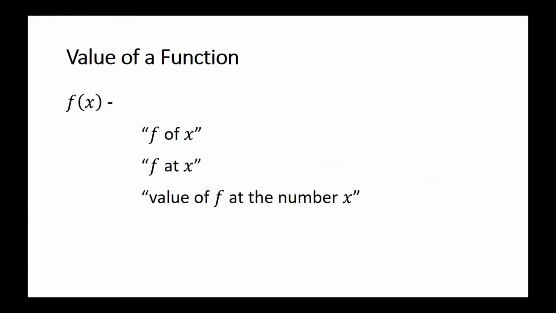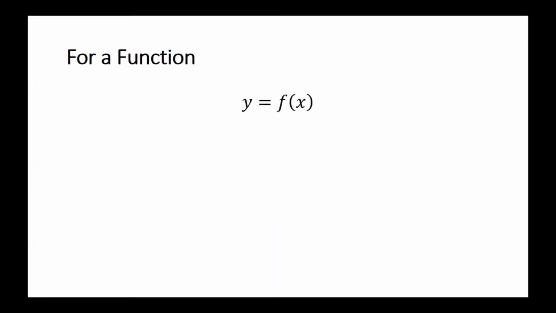Value of a function. When we're talking about functions, we tend to write them as the function f, and then in parentheses, the input of that function, in this case, x. And we read that as f of x, and that's how you will hear me say it a lot, f at x, or the value of f at the number x.